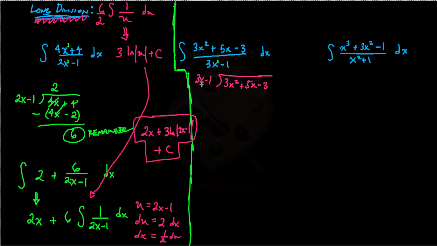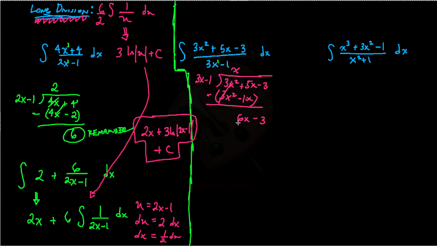Okay, so how many times does 3x fit into 3x squared? Well, x times. Then 3x squared, when I distribute the x, minus an x, and I subtract the whole thing. This is going to give me 0. 5x minus negative 1x is 6 x's. I bring down the minus 3.